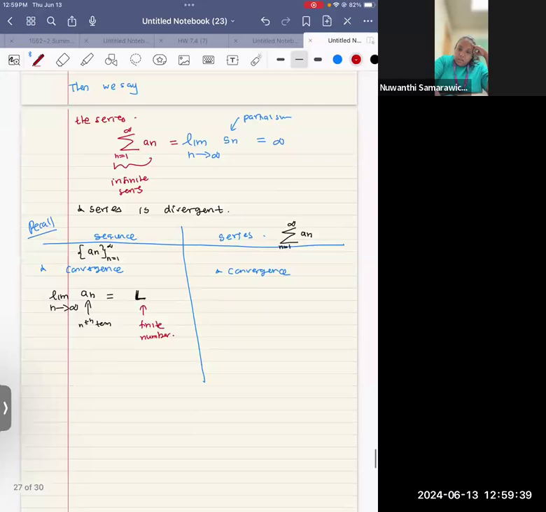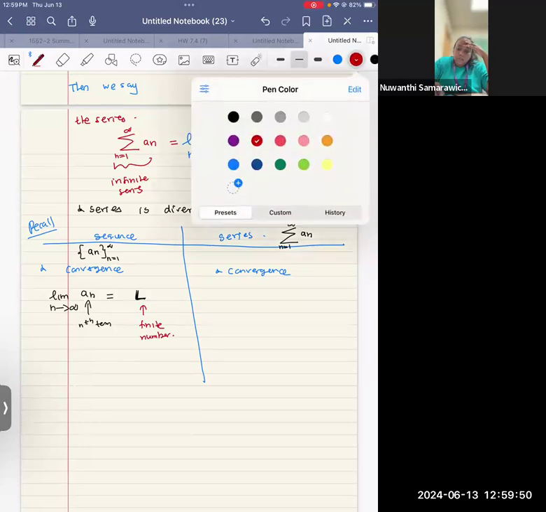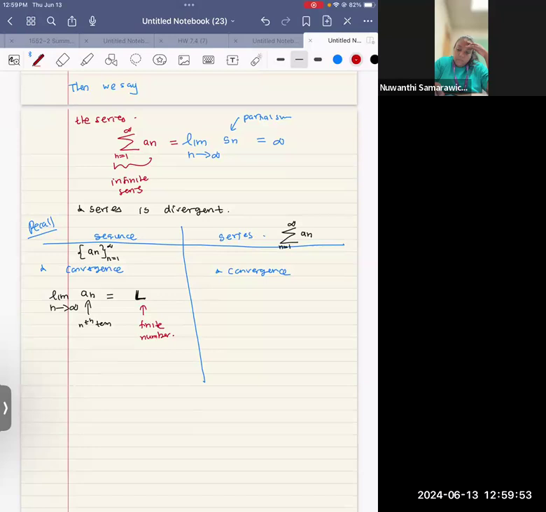Then what we learned today: the series converges if we show, so our series is this, to show the series is convergent, we show that the limit as n approaches infinity of the partial sum goes to a number, let's say M or something like that, just a finite number.